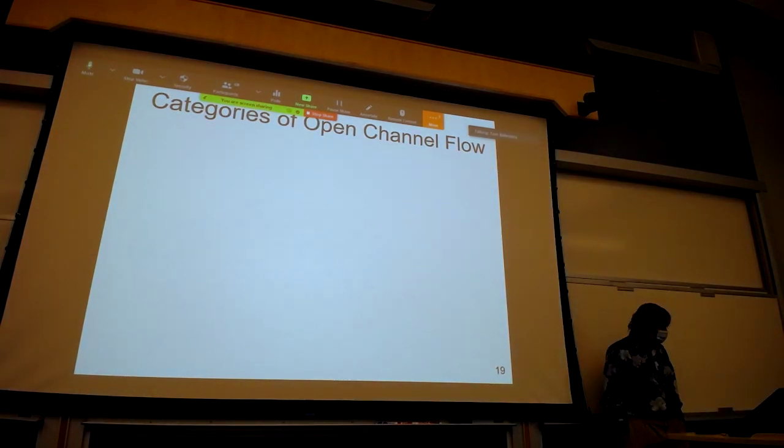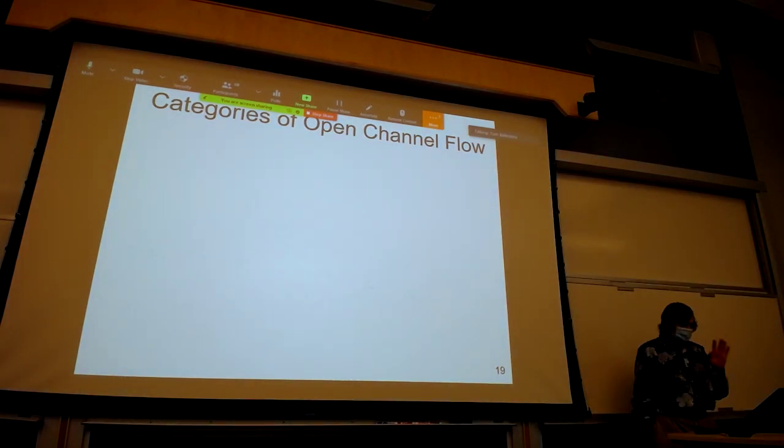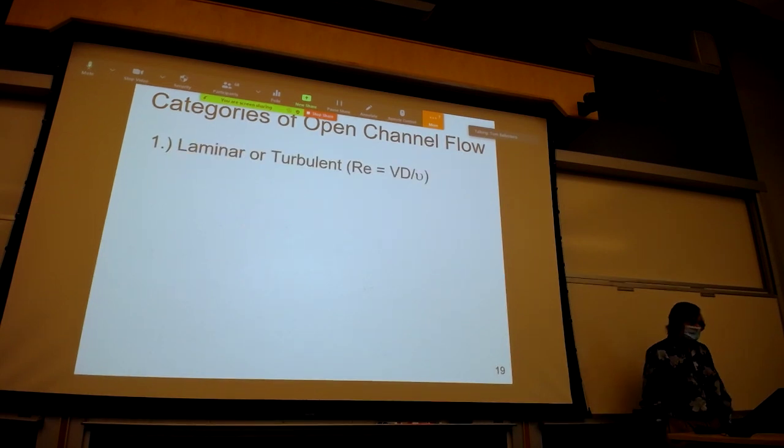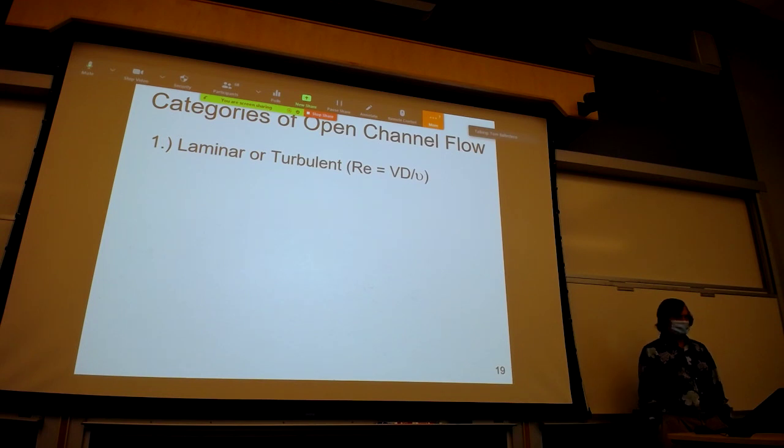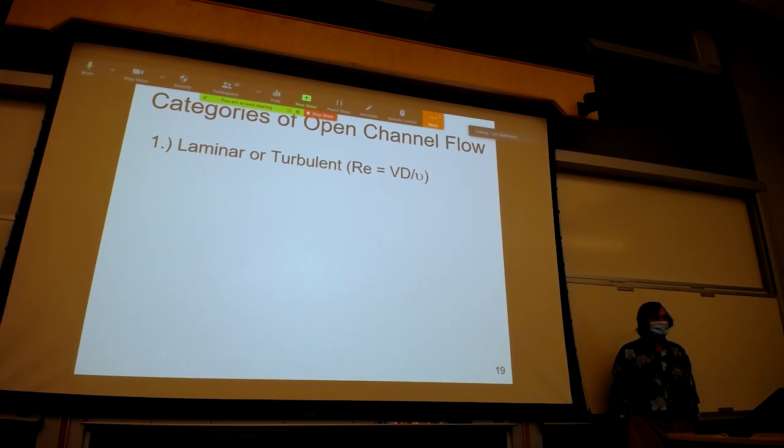So there are different categories of open channel flow, and this is a figure right from your textbook, right from the handout for today. You can have laminar or turbulent open channel flow, as I previously identified. Just like in pipe flow, there is laminar or turbulent pipe flow, and we use the Reynolds number to distinguish them. For pipe flow, the Reynolds number needed to be less than 2,000 to be laminar.